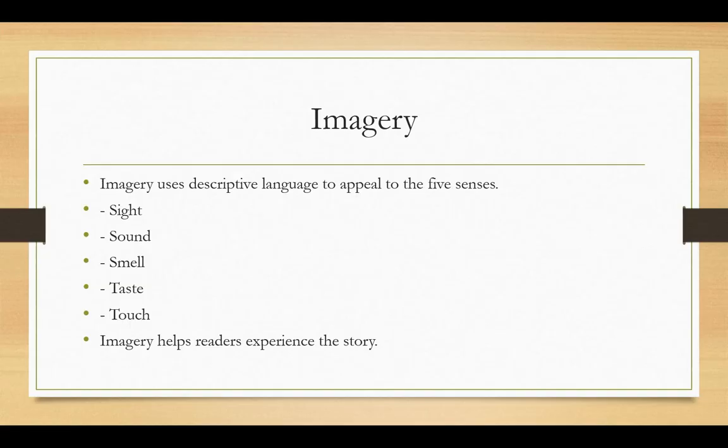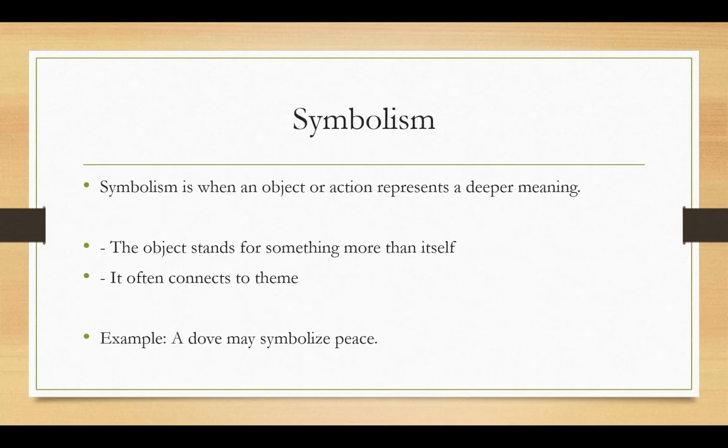Alright, so moving on, finally we have symbolism, which is when an object, a character, or an action represents a deeper meaning. So, an object that stands for something more than just itself, and it often connects to the theme of the story. So, for example, a dove may symbolize peace. Quite a common usage of symbolism.